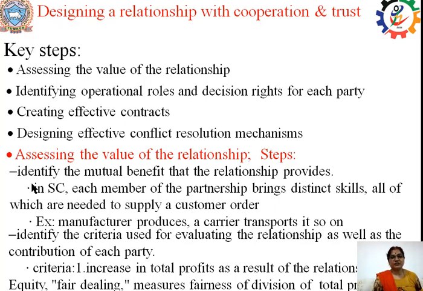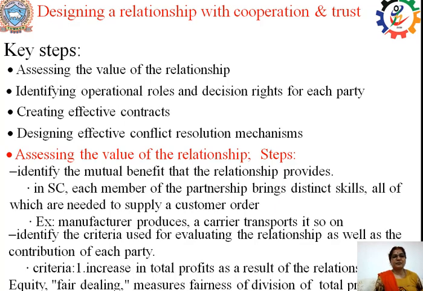First you identify and pass on that information to each member of the supply chain. Everyone will have a distinct skill and everyone is needed, and should play his role correctly to fulfill a customer order more effectively.